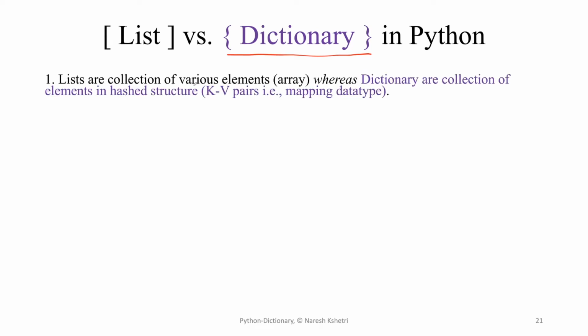The first difference is that lists are a collection of elements of similar nature, like an array we consider in C or C++ language.